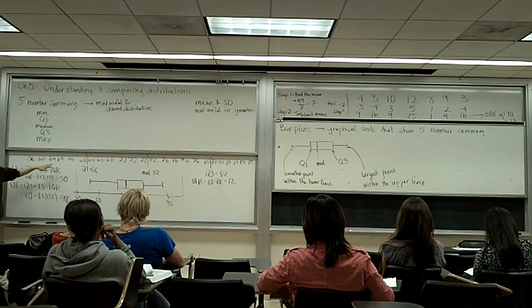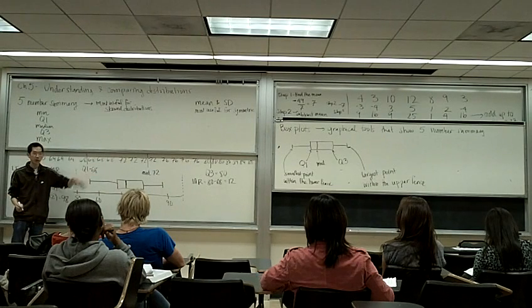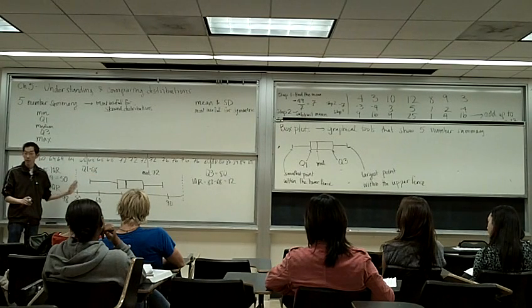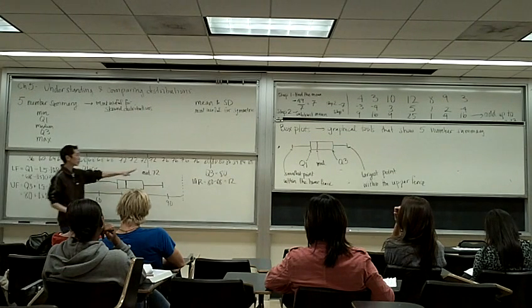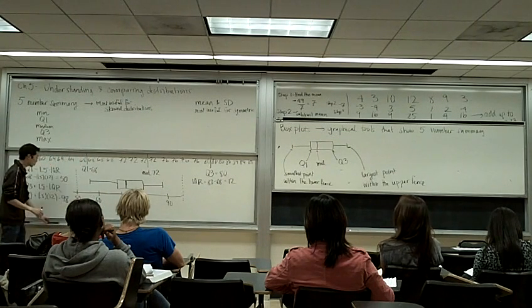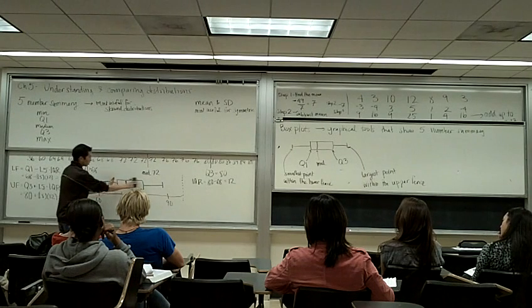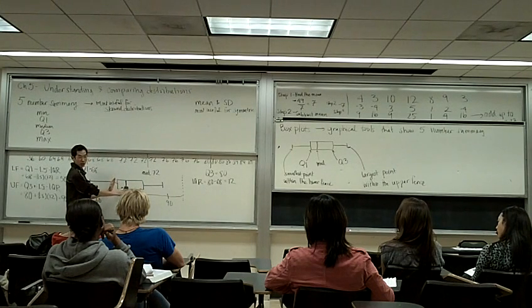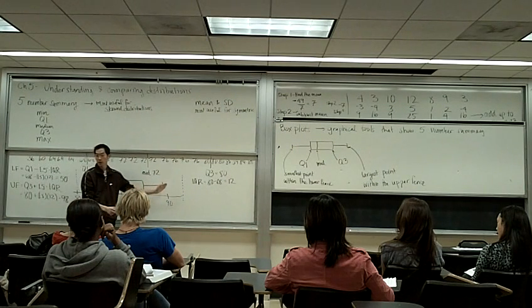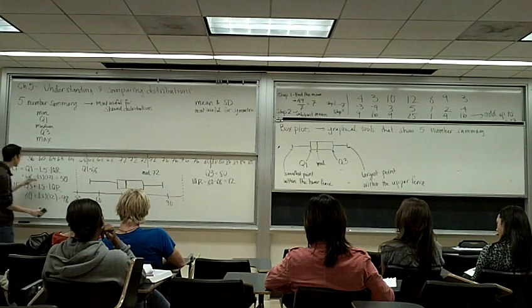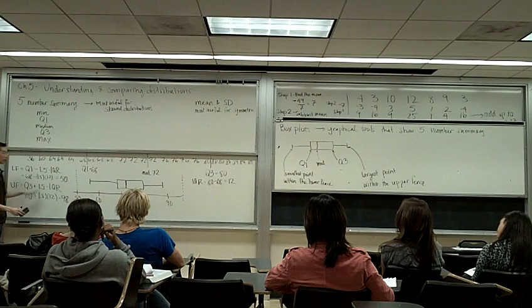Does this change our median, Q1, or Q3? It does not. So none of our numbers, Q1, median, Q3, have changed, which means our box has not changed either, right? And the location of the upper fence and the lower fence also have not changed because those depend entirely on the quartiles and the IQR.